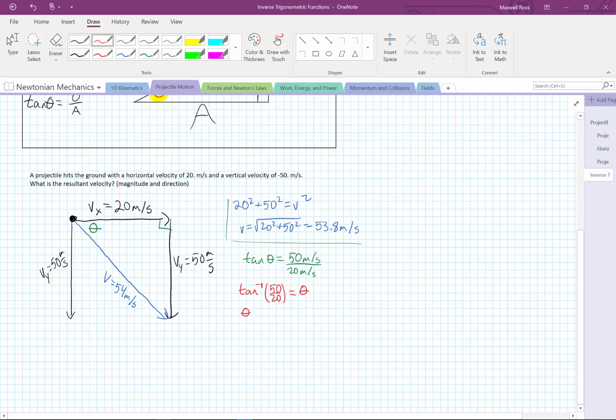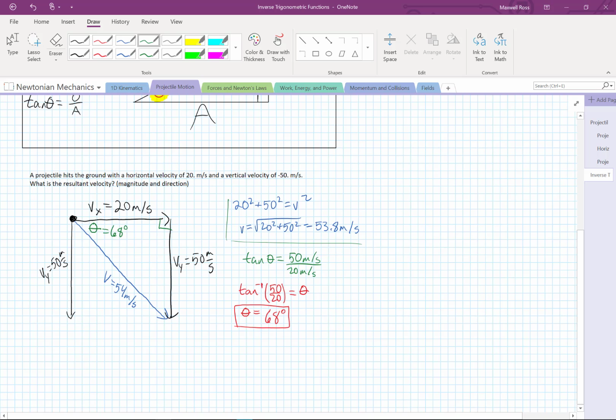And so we just plug in that inverse tangent of 50 over 20 in a calculator, and we get our angle. If I want my angle in degrees, I need to be in degree mode. I plugged it in, I got 68 degrees. So theta equals 68 degrees.